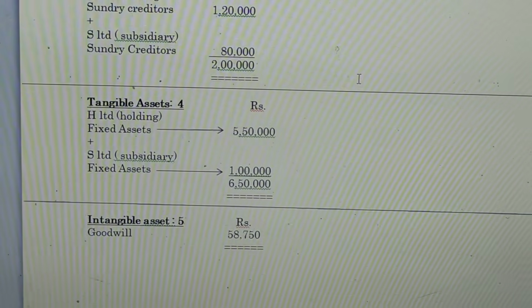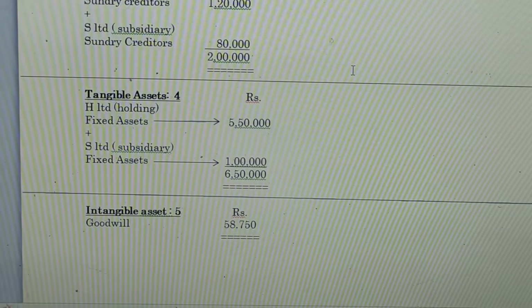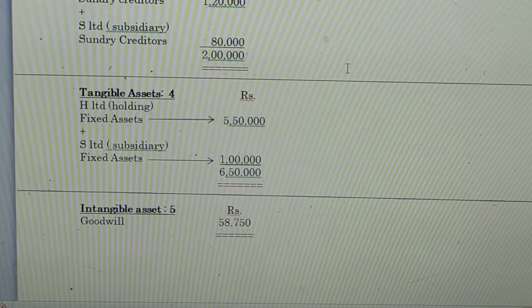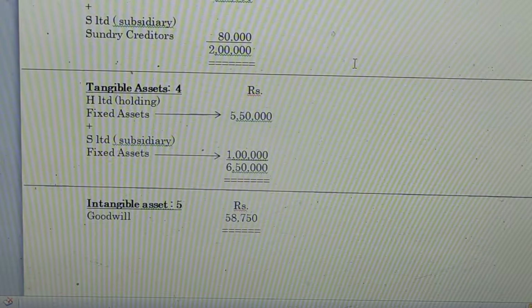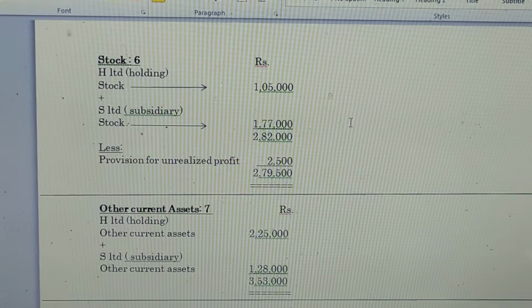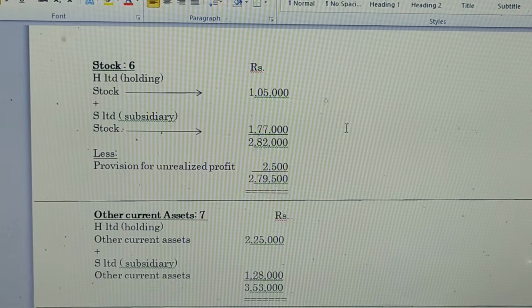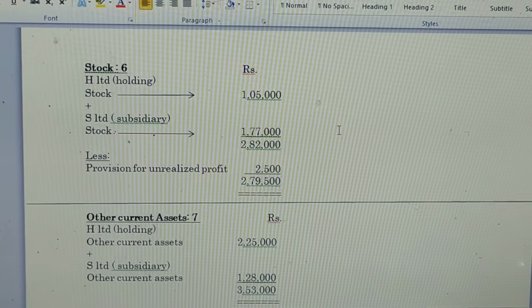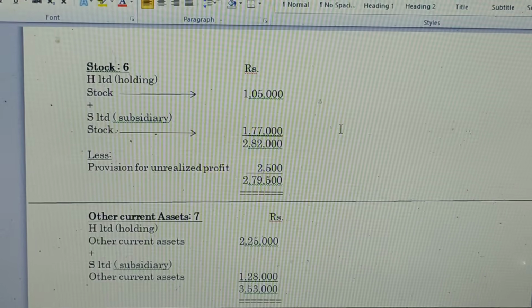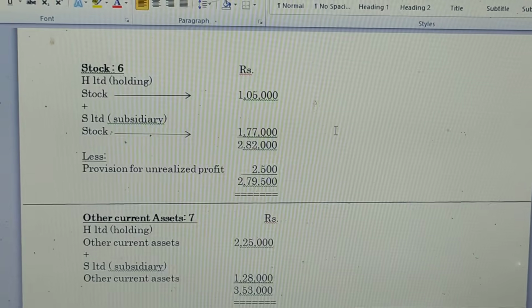Then note number 5 is intangible assets. Under the intangible assets, we have to mention the goodwill, which we have already calculated. The amount is 58,750. And note number 6 is stock. Under the stock, we have to mention H Limited holding. Stock of H Limited is 1,05,000 plus S Limited subsidiary. Stock of S Limited is 1,77,000.